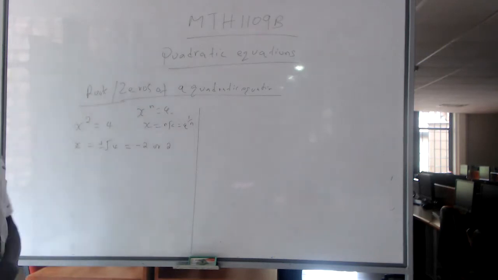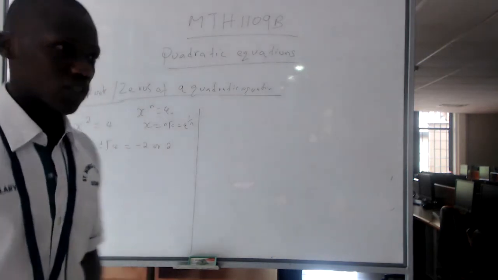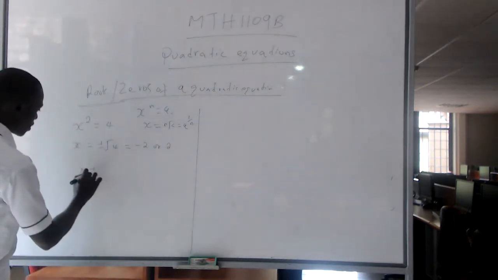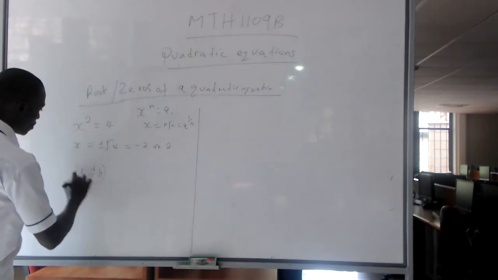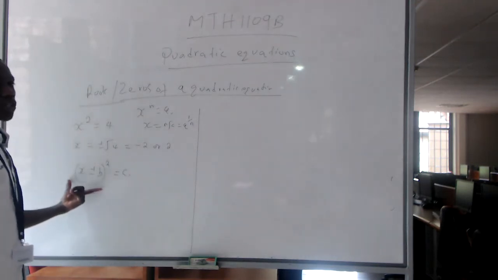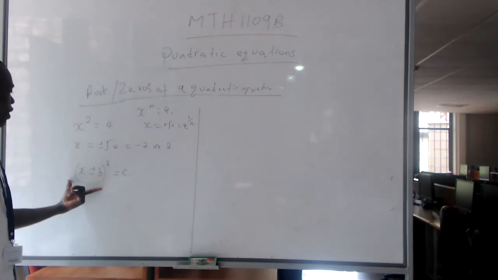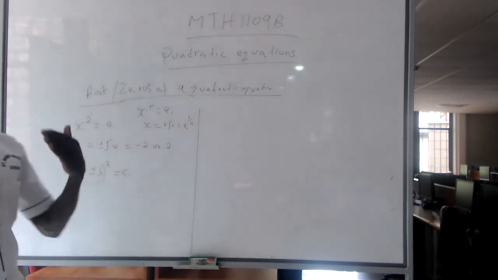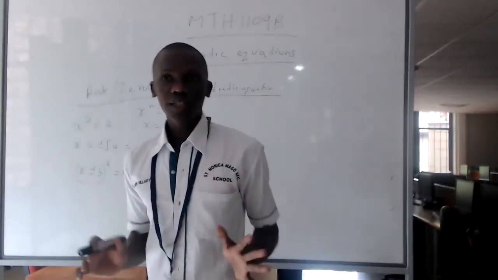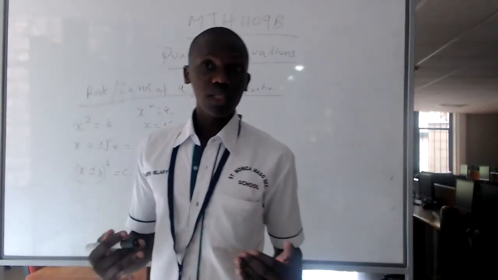Such kind of equations, the left-hand side is called a perfect square. So in general, expressions like x plus or minus b squared is equal to c, the left-hand side is called a perfect square. And solution of quadratic equations in which the left-hand side or the right-hand side is a perfect square is pretty easy.